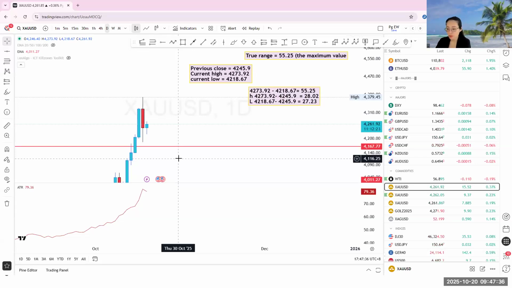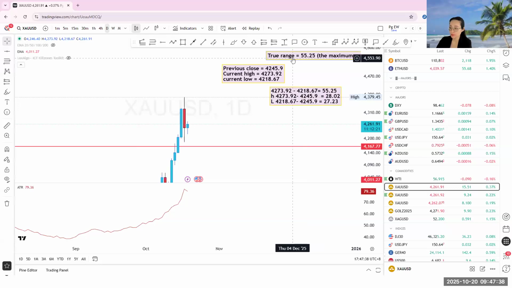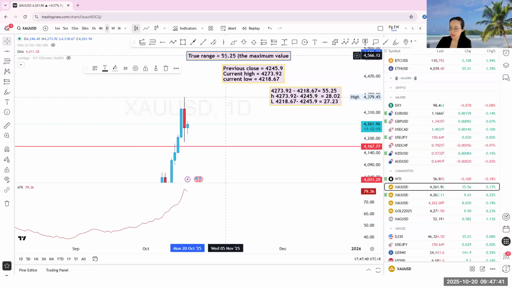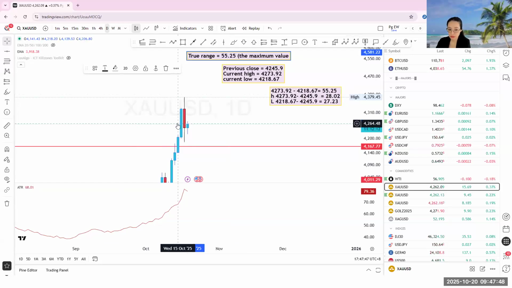Another way, what you need to do for today is about 55, meaning 550 pips today, the true range today.